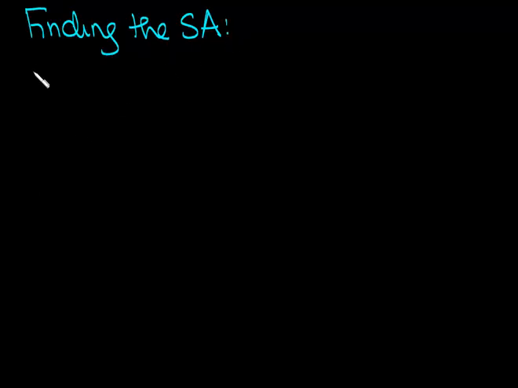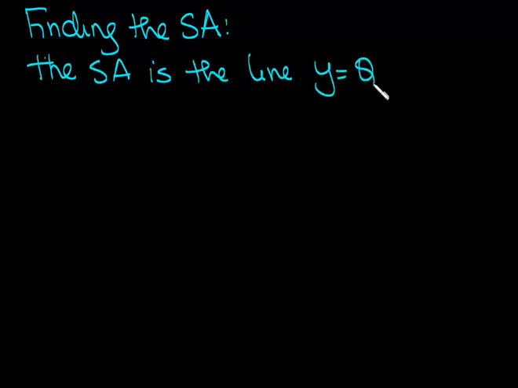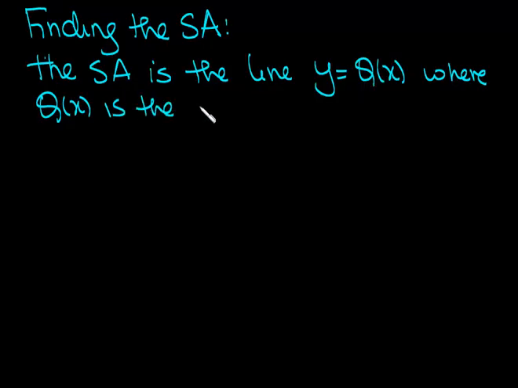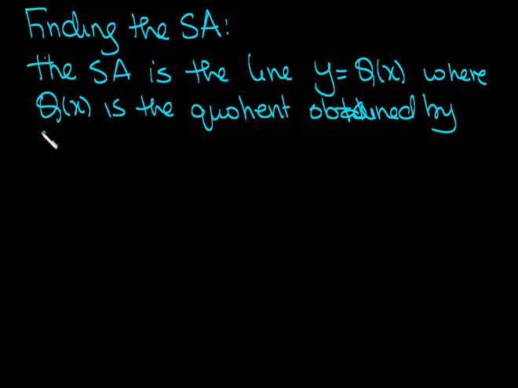To find the slant asymptote, the slant asymptote is the line y is equal to q of x, where q of x is the quotient obtained by dividing the rational function.